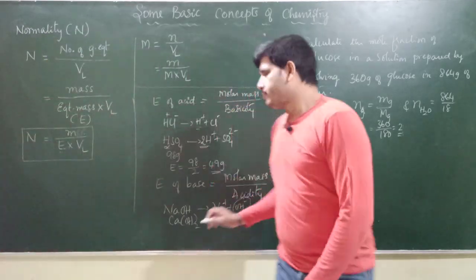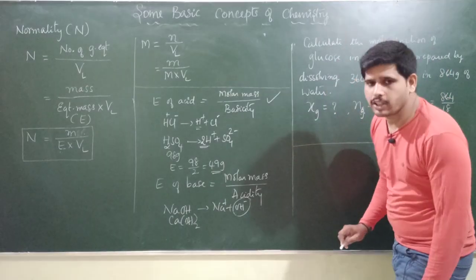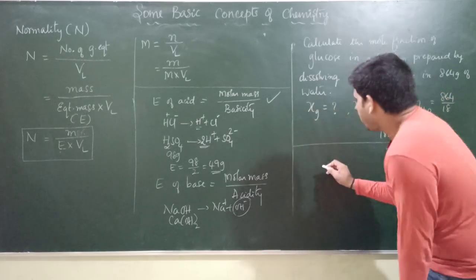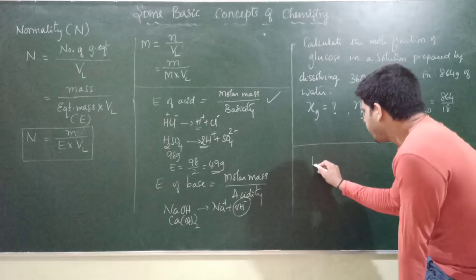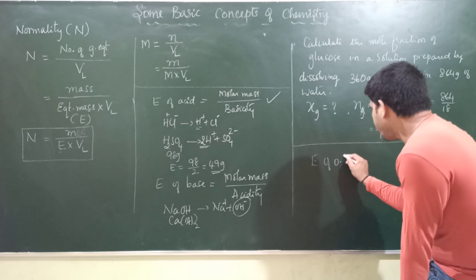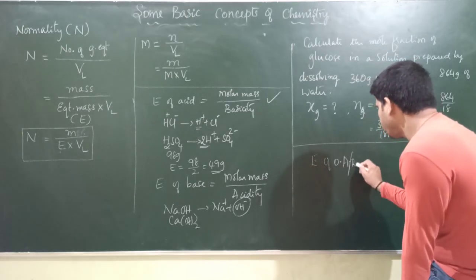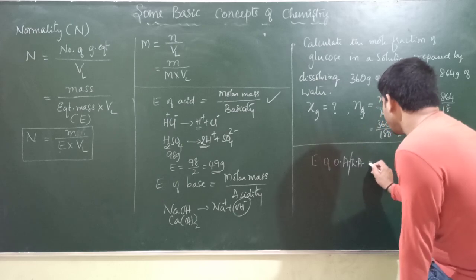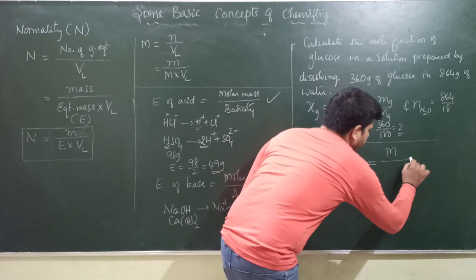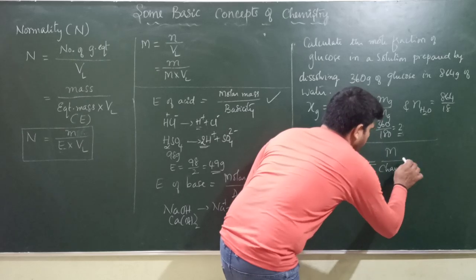Finally, it is about the oxidizing or reducing agent. You haven't studied this, but just take down a formula. When the redox reaction chapter comes, we will deal with it. So for oxidizing agent, equivalent mass E of OA, I will write oxidizing agent or reducing agent, is equal to a formula: molar mass divided by change in oxidation number.